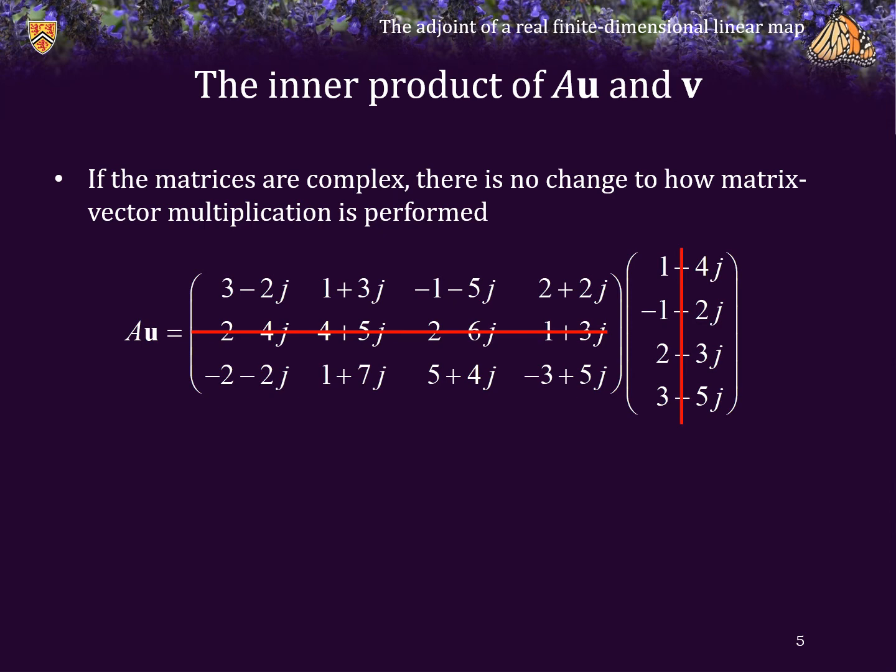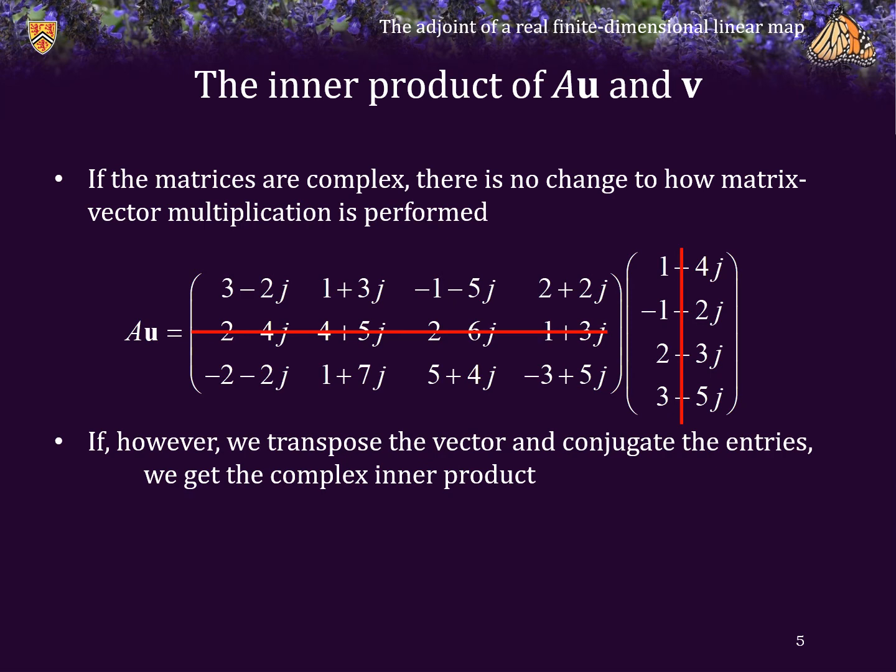All we do is multiply, for example, 2 minus 4j times 1 plus 4j. If, however, we transpose the vector and conjugate the entries, we actually get the complex inner product.